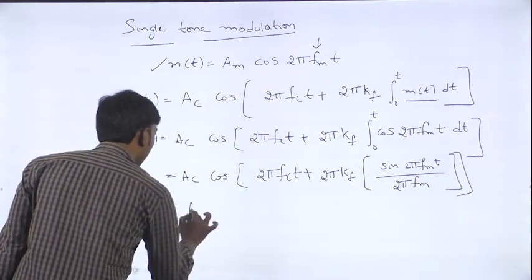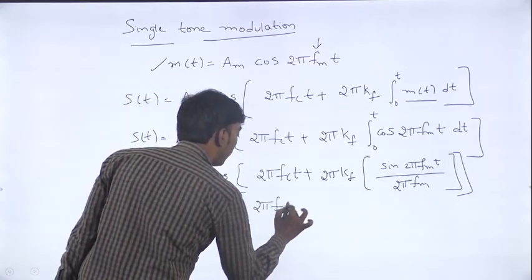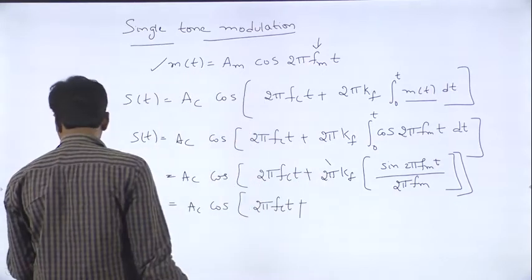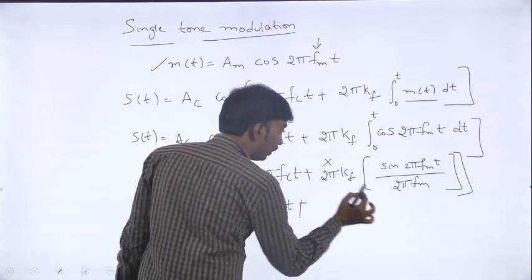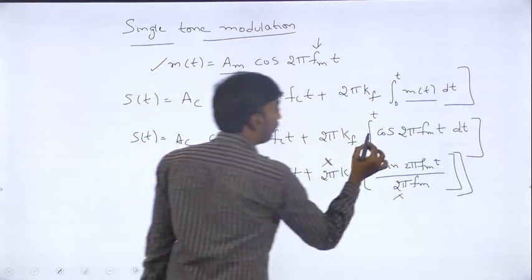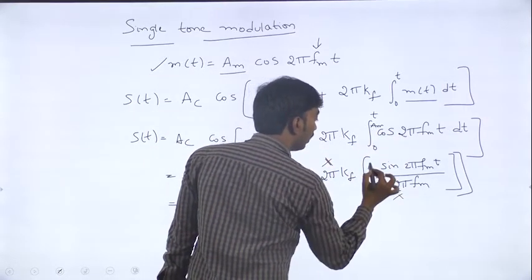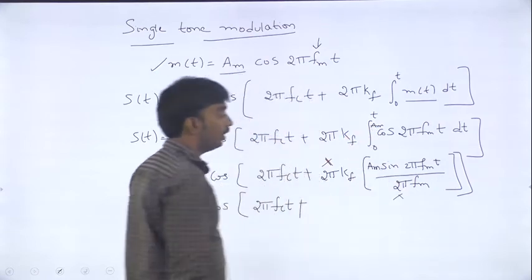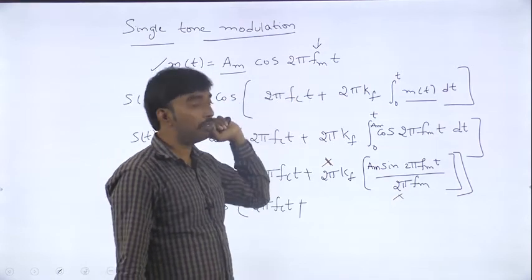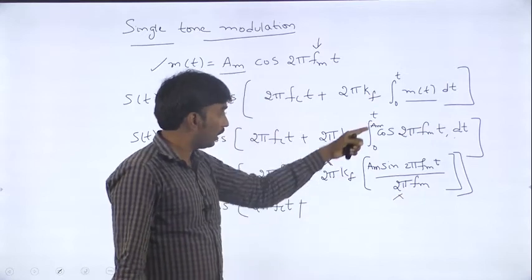And now which is equal to AC cos of 2 pi fct plus, and now this 2 pi and this 2 pi will get cancelled, and this is am cos 2 pi fmt, right? So that I have not represented. You will get am here and you will get am here, right? So what is this? M of t is equal to am cos 2 pi fmt, and this becomes am cos 2 pi fmt dt, and then I have taken the same.